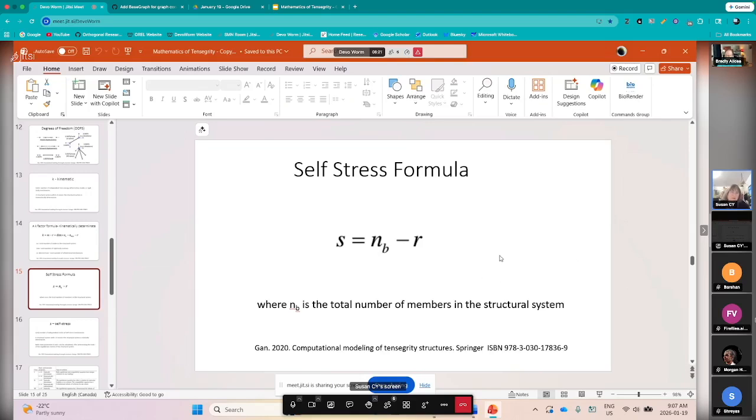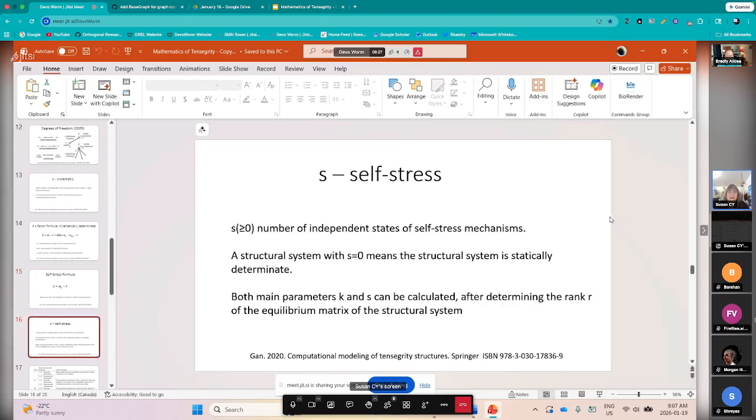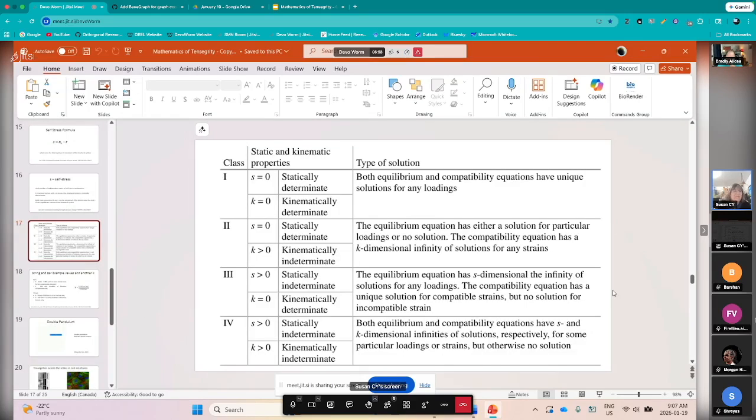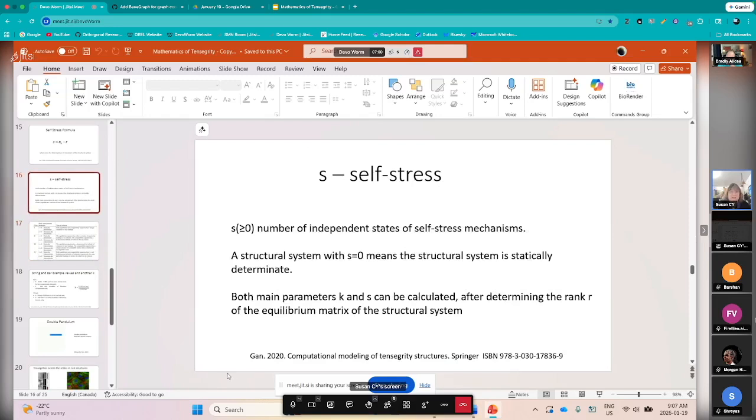So the members naturally have a stress on them. And the definition of self-stress is the number of independent states of self-stress mechanisms. A structural system with S equals 0 means the structural system is statically determinate. And I had the reference over here.